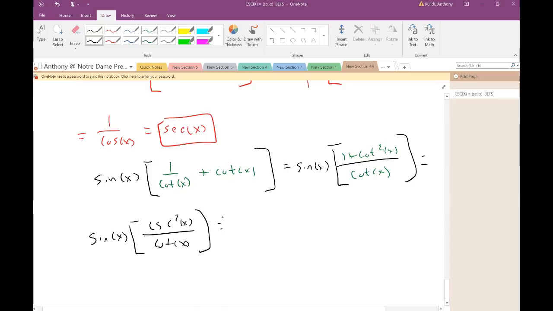And so when I multiply the sine in, I end up with sine x and then 1 over sine squared x all over cosine over sine.